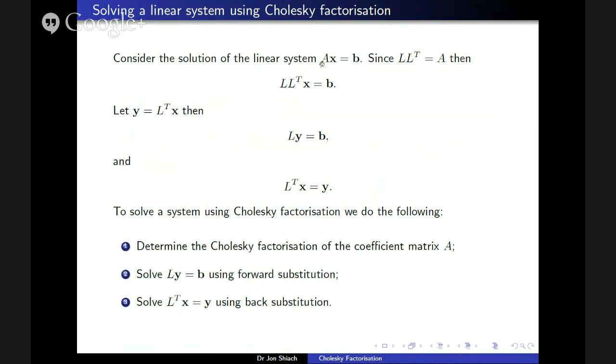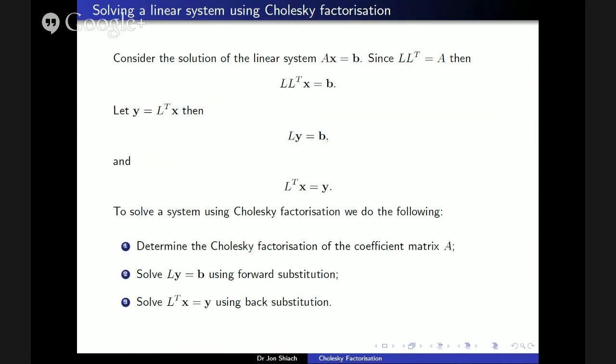Okay. Well, if we use Cholesky factorization, A is equal to L times L transpose. So if we replace A with L times L transpose, we get that equation. And as before, if we let the vector y be L transpose times x, we can solve for y by solving Ly equals B by forward substitution.